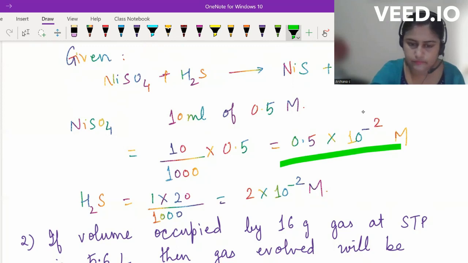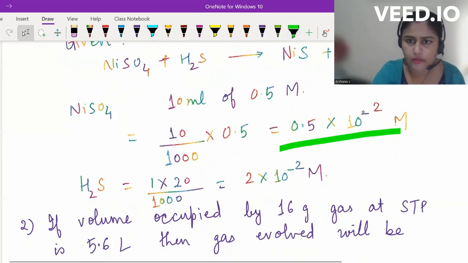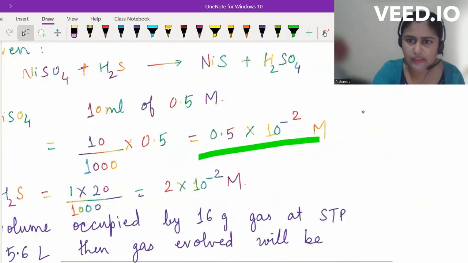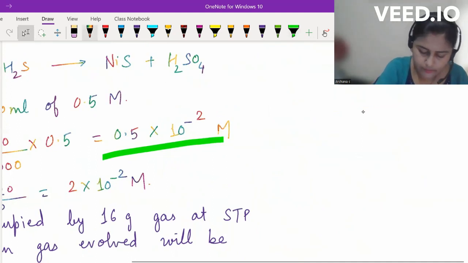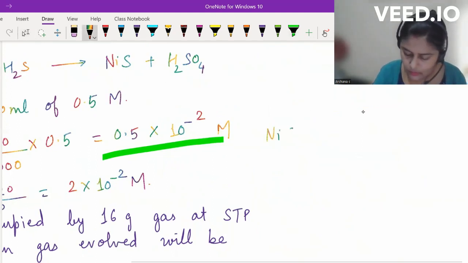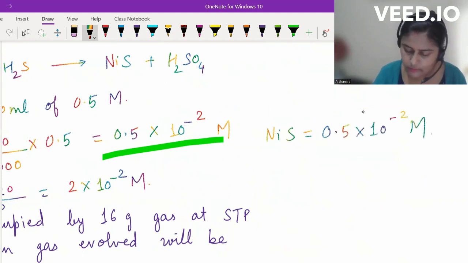Hence, the nickel sulfide that is formed will be equal to 0.5 into 10 to the power minus 2, because nickel sulfate is the limiting reagent.